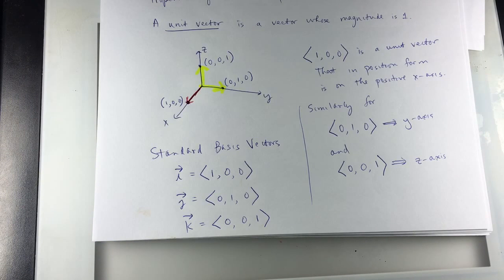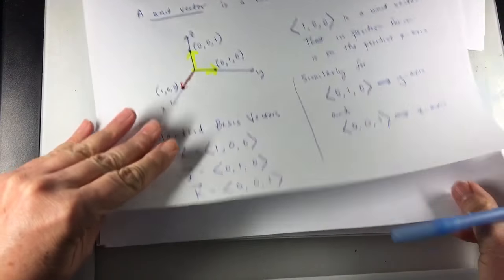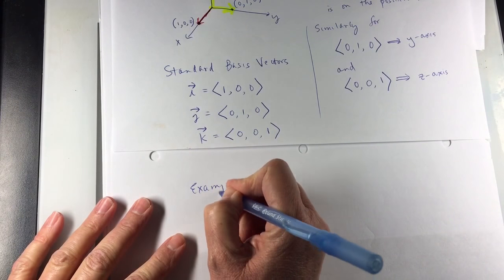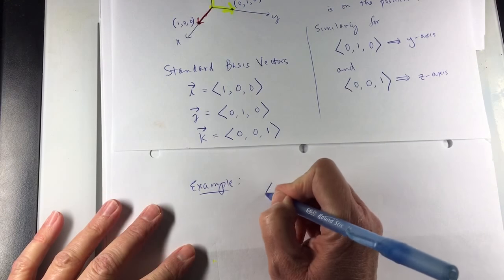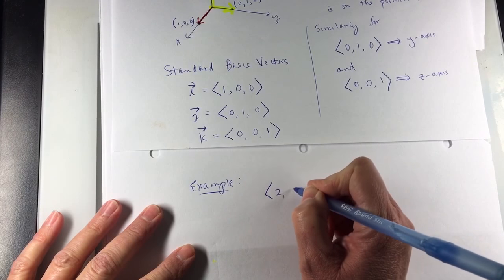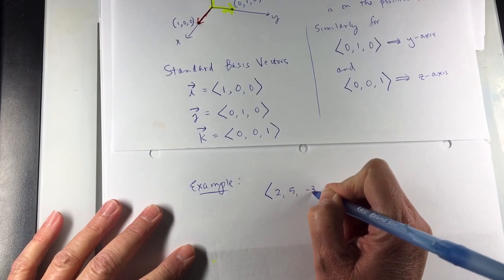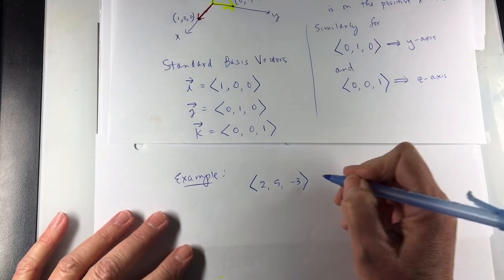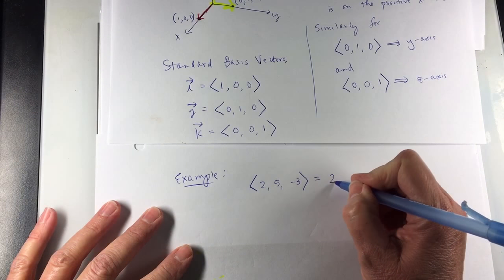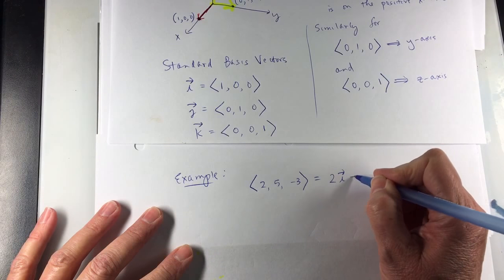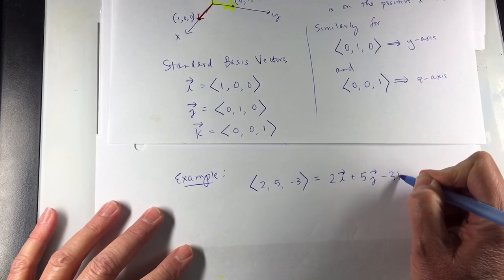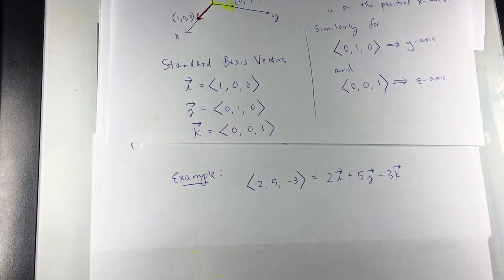When we throw this in, you can do this. So if I have vector 2, 5, negative 3 in component form, I can write this as 2 times vector I plus 5 times vector J minus 3 times vector K. They are the exact same thing.